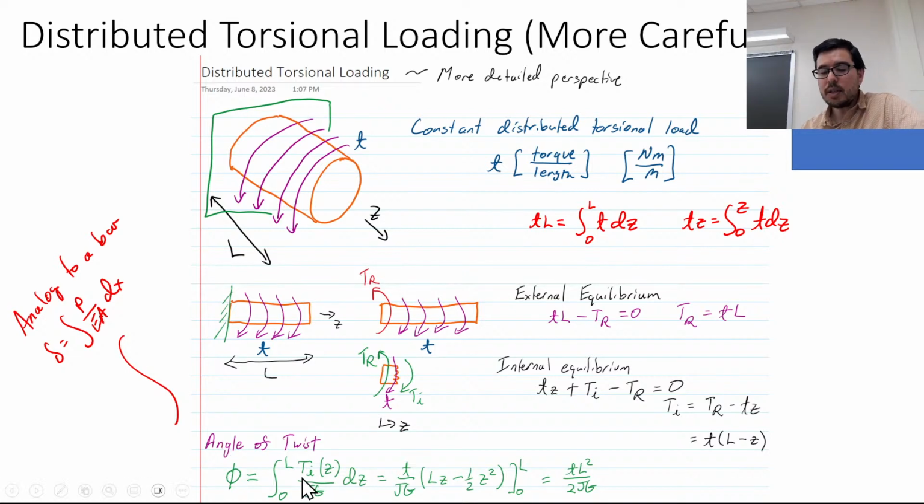You'll see in the notes, and it's derived, that we have an analog where we have the integral of torque, a function of z, over JG, the shear modulus times the polar moment of inertia, which we already talked about at the beginning of class. So it's analogous to the bar, and we plug in the internal torque that we solved for here, do this integral, and we get this result.